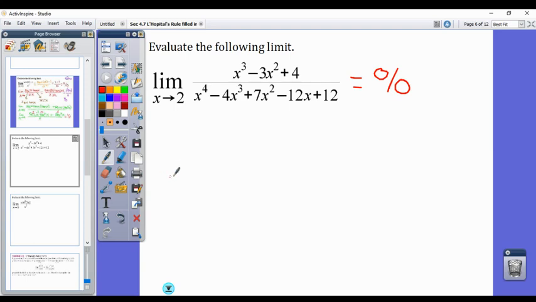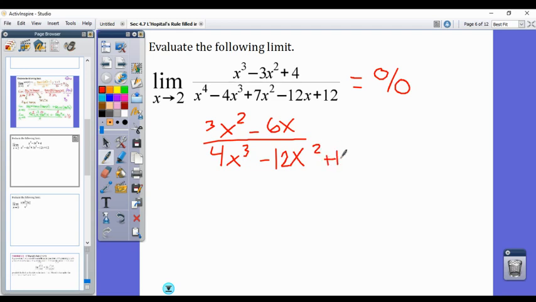So I'm going to get 3x squared minus 6x all over 4x to the third minus 12x squared plus 14x minus 12.